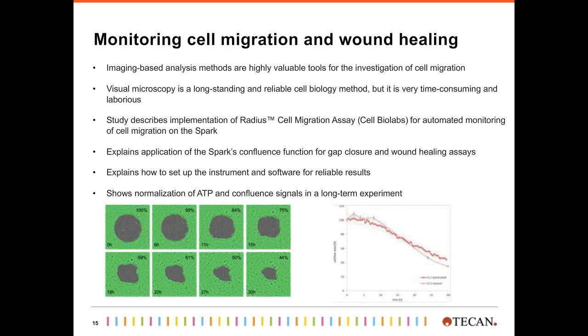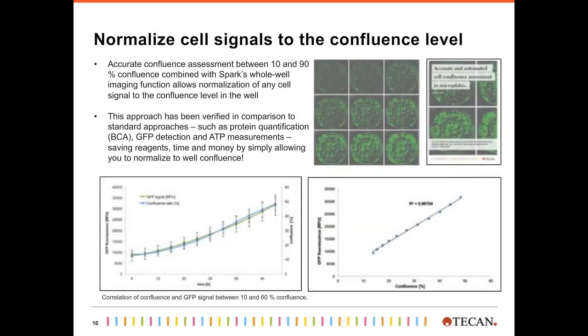In a second experiment that is explained in that note, we show that the confluence level perfectly correlates with the ATP level in the same well, and this leads me to the next topic, because you can use the confluence estimation or the confluence assessment in our system to normalize on cell mass.